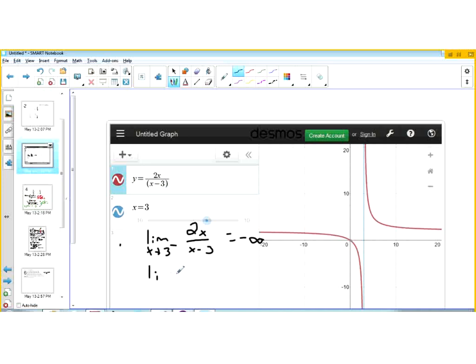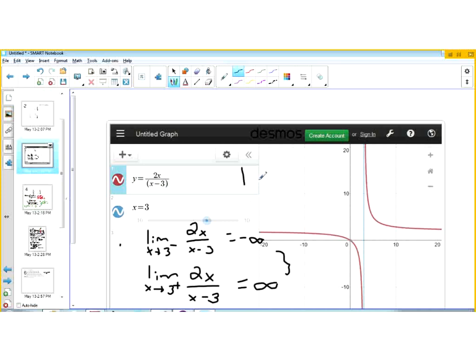Okay, and then the limit as x approaches 3 from the right of 2x over x minus 3 is equal to infinity, while the left limit is minus infinity. These two limits are not the same.